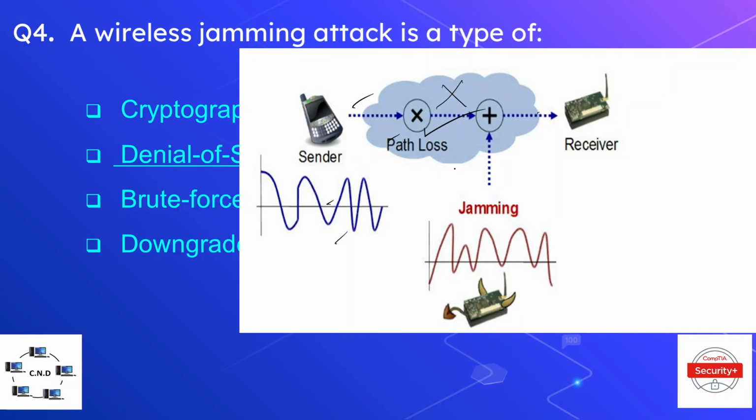This attack is known as a denial of service attack because the sender is no longer able to communicate with the receiver. So this is a type of DoS attack.